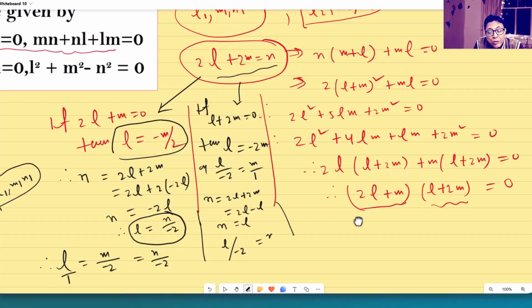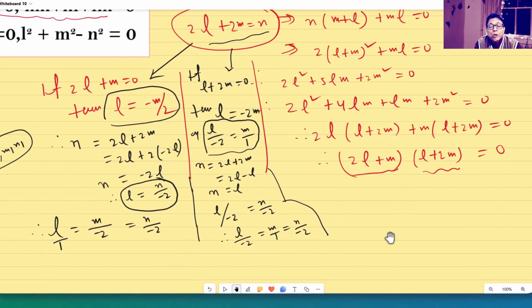Why suddenly L by minus 2? Because already we have got L by minus 2 equal to m by 1. Therefore, L by minus 2 equal to m by 1, n by minus 2. Am I correct? So you got LMN over there.